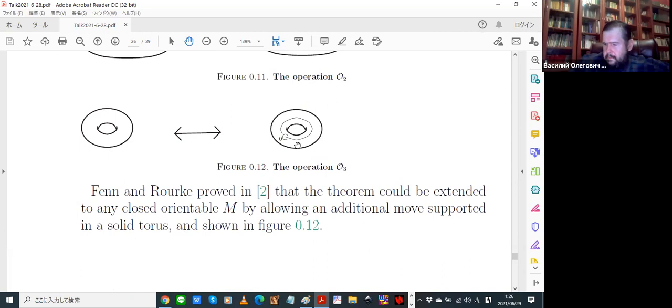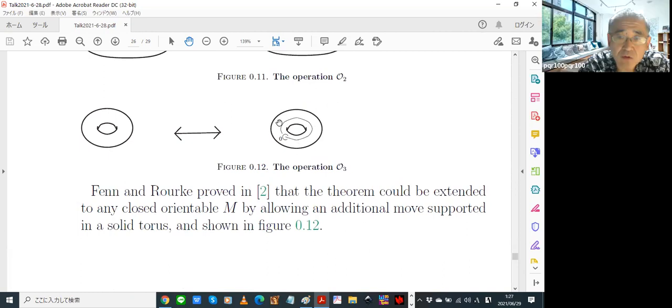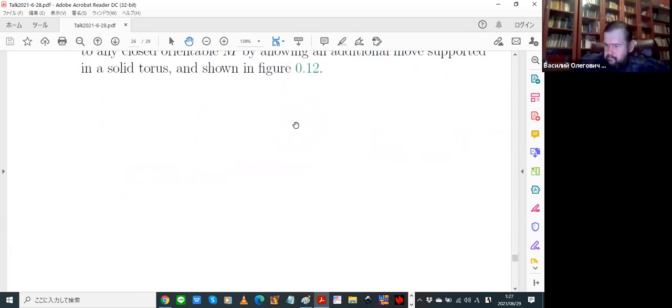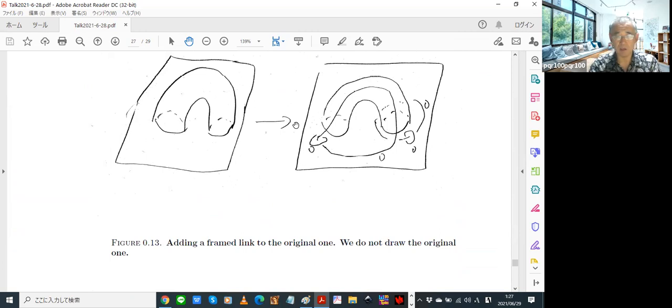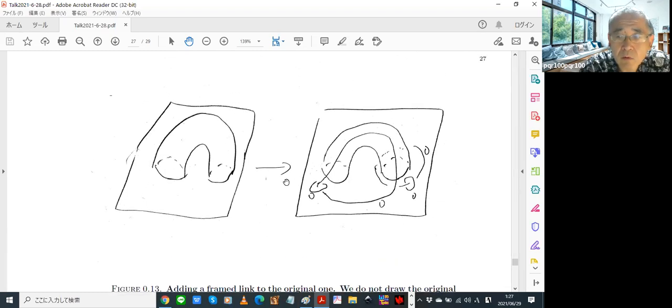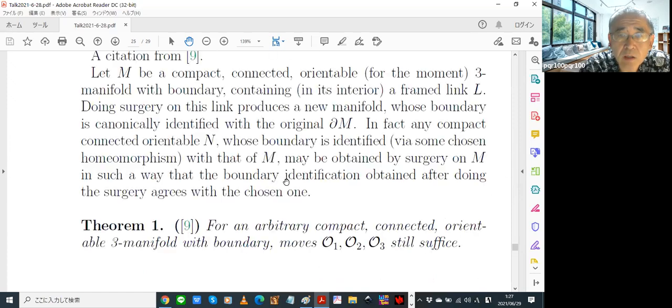The one time of O3 includes two circles. Okay. Yeah, and next I explain.